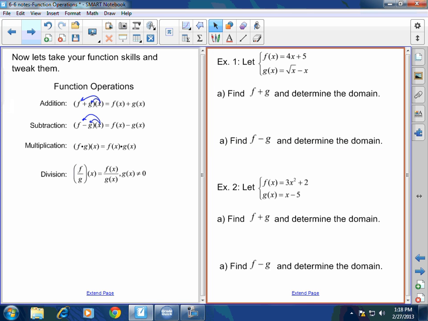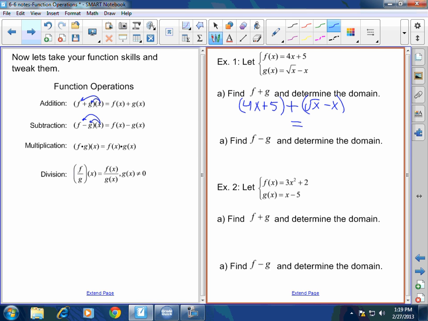Very simple. For example 1, it says f of x equals 4x plus 5, g of x equals square root of x minus x. I want to find f plus g. Well, if I want to find f plus g, it's going to be f of x, which is 4x plus 5, plus g of x, which is square root of x minus x.